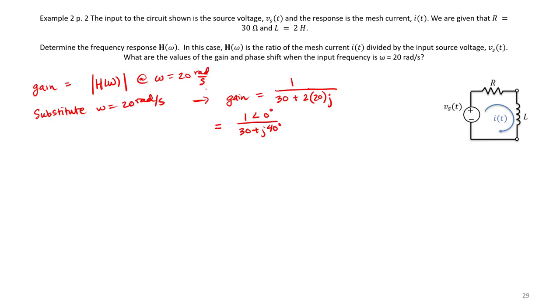So if we calculate our amplitude, we will see that we essentially have 1 angle 0 degrees divided by 50 angle 53.1 degrees, and we'll determine that our gain will just be 1 over 50, or 0.02 amperes per volt.